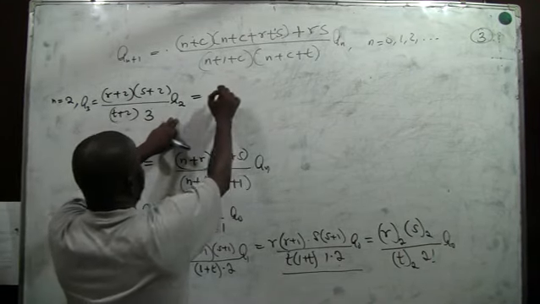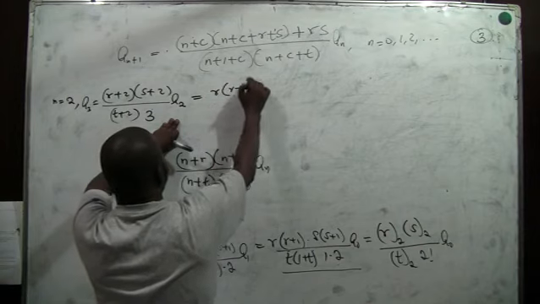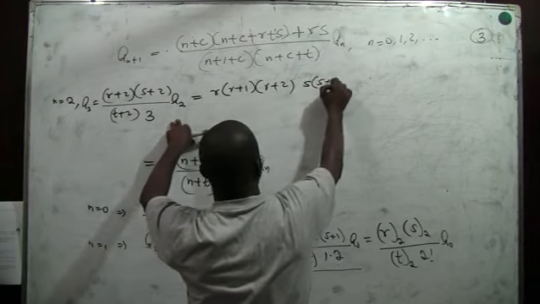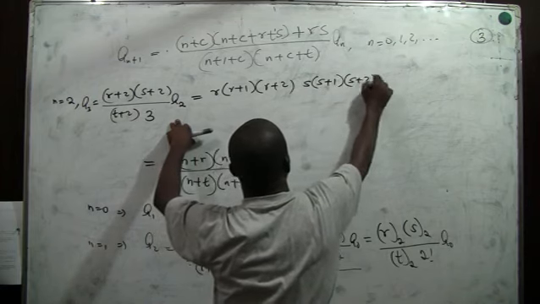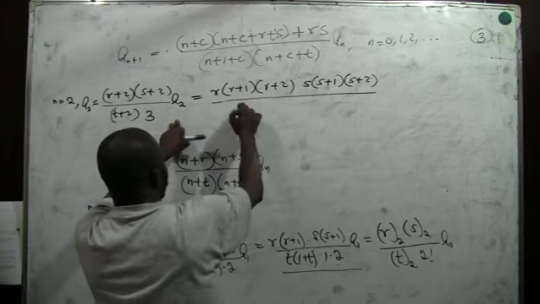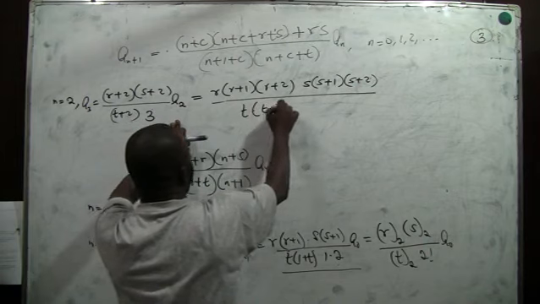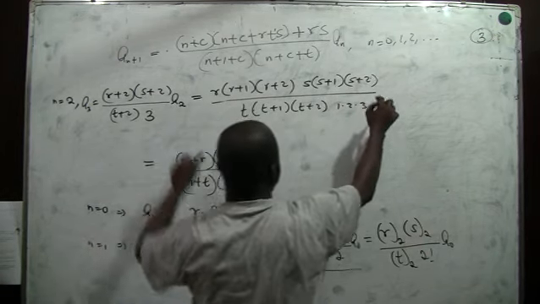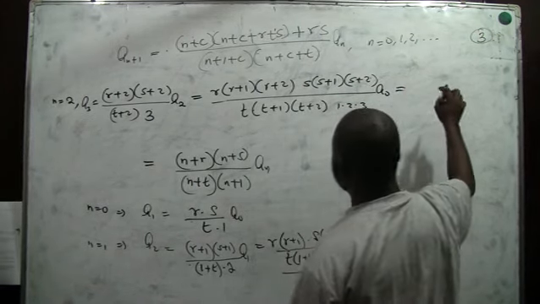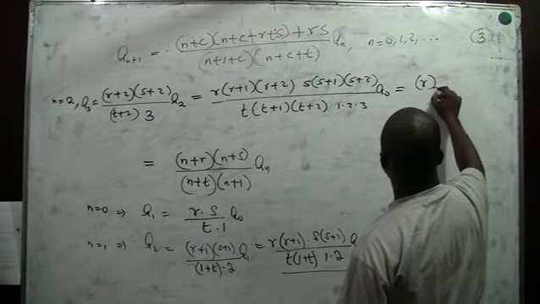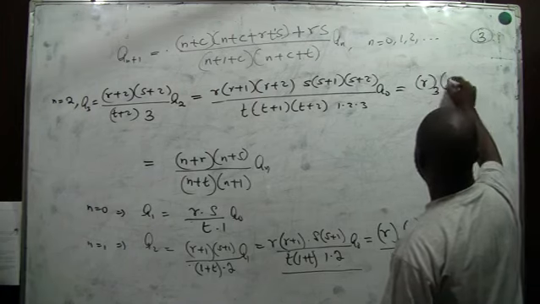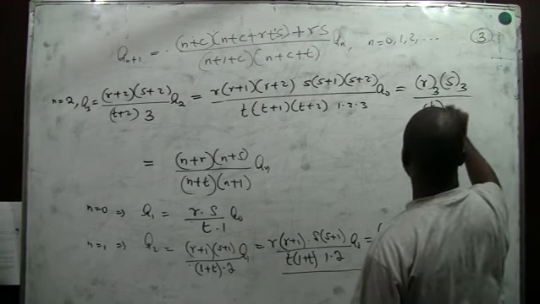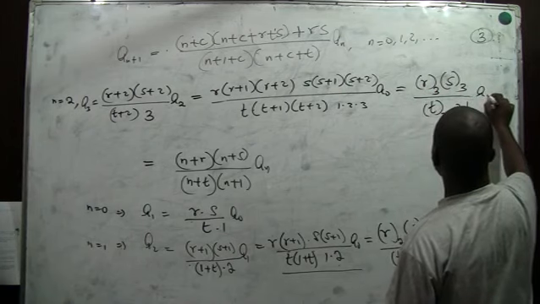Then we have (r + 1)(r + 2)(s + 1)(s + 2), all divided by (t + 1)(t + 2), 1, 2, 3, a_0, which gives (r)_3 (s)_3 divided by (t)_3, 3 factorial, a_0.